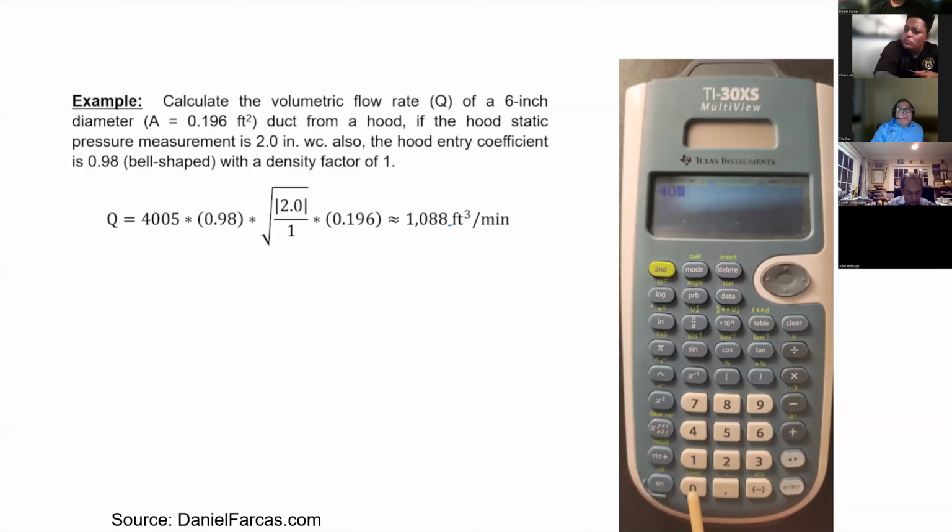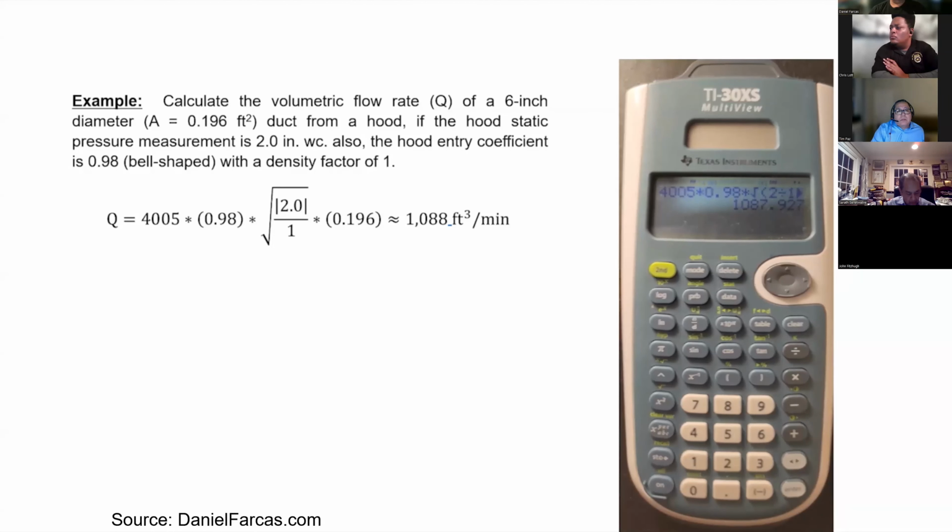So the calculation is Q equals 4005 times 0.98 times square root of 2 divided by 1, times 0.196, which equals 1088 cubic feet per minute.